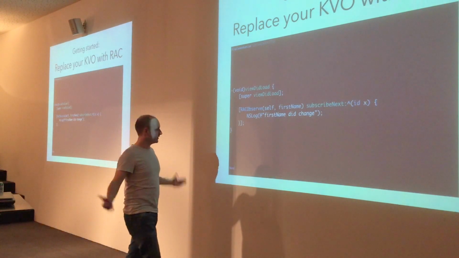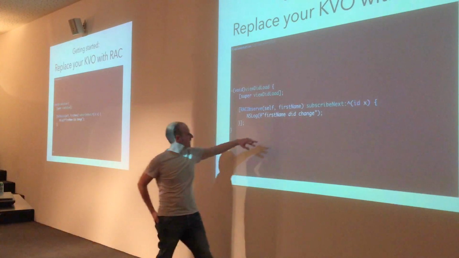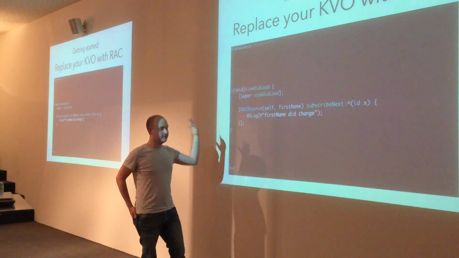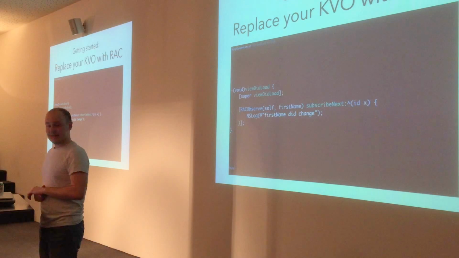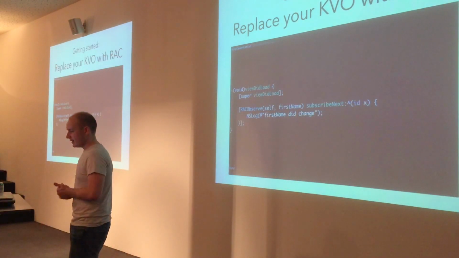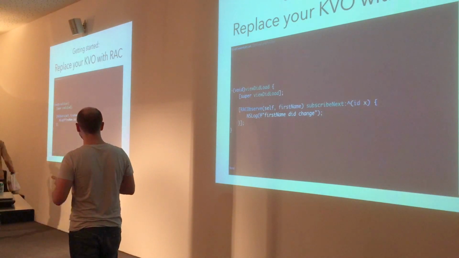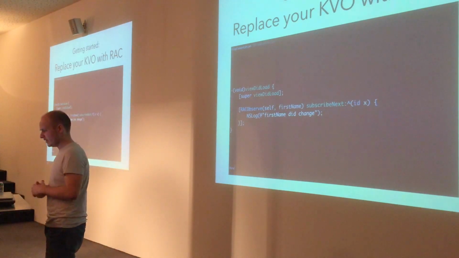It's exactly the same thing. We're just observing the first name and then subscribing to changes on it. In addition, ReactiveCocoa manages its own memory under the hood, so you don't need to keep a reference to these things. It does it all internally.